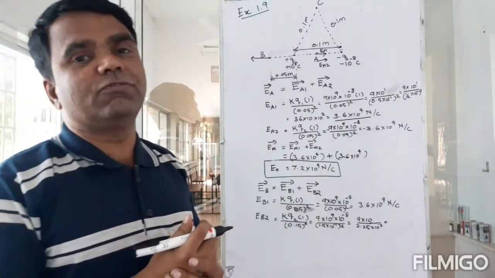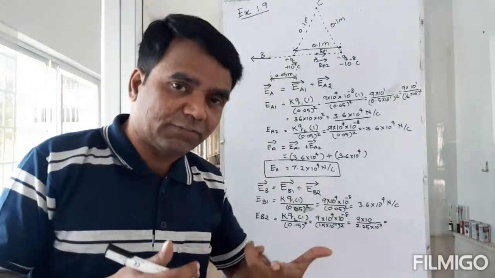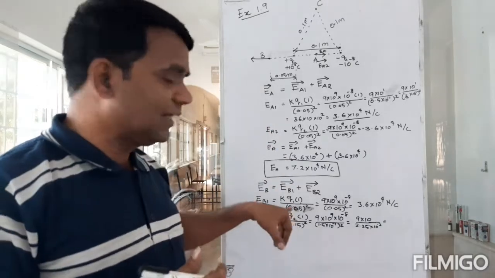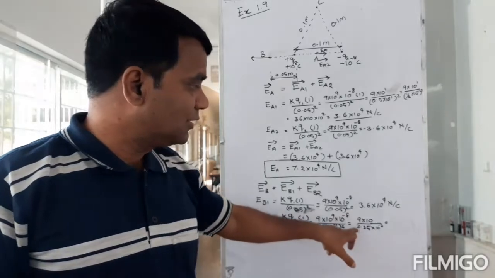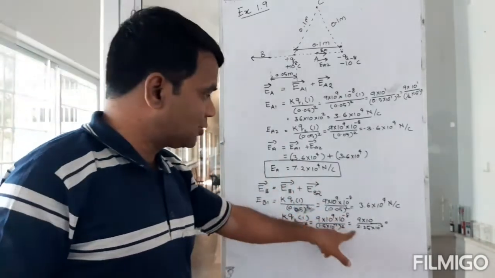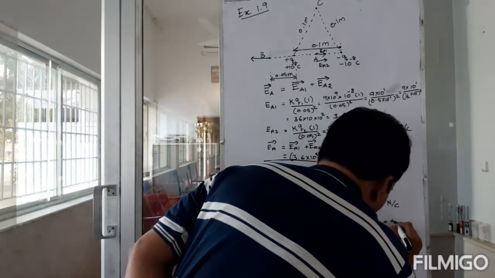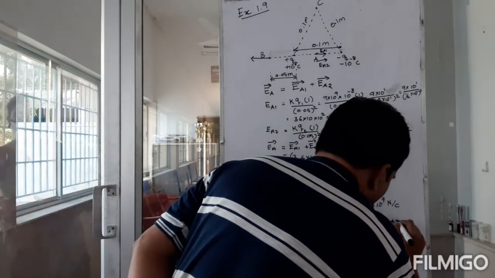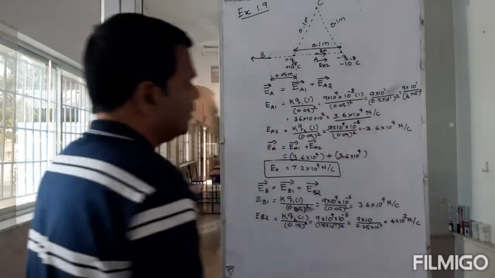Twice 2.25 is 4.5, and twice 4.5 is 9, so 9 by 2.25 is 4. So 10 power minus 2 will go up, and it gives you 4 into 10 power 3 Newton per Coulomb.